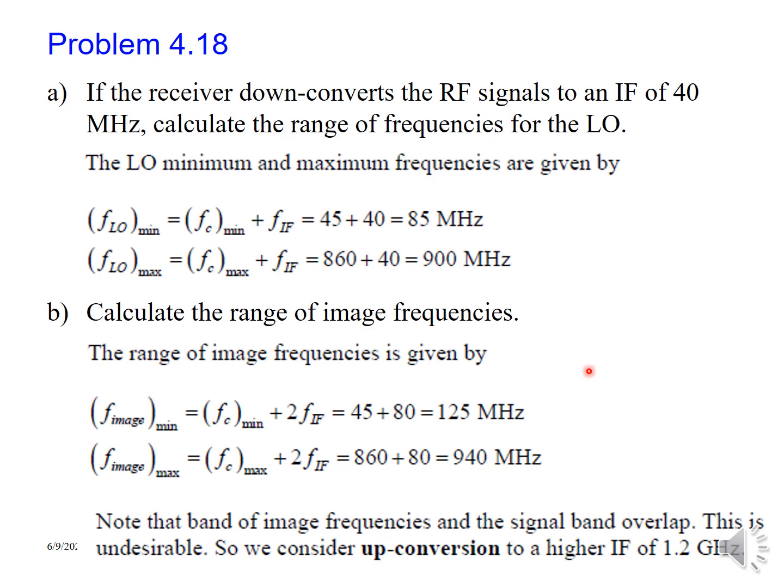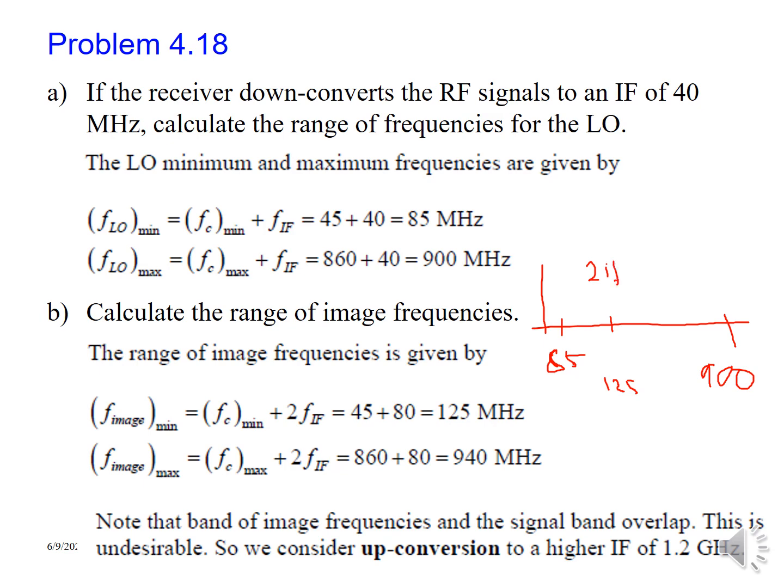So if you can see here, this is 85, and then this is 900. The image that we don't want, this is 85, and more or less here is image 125.